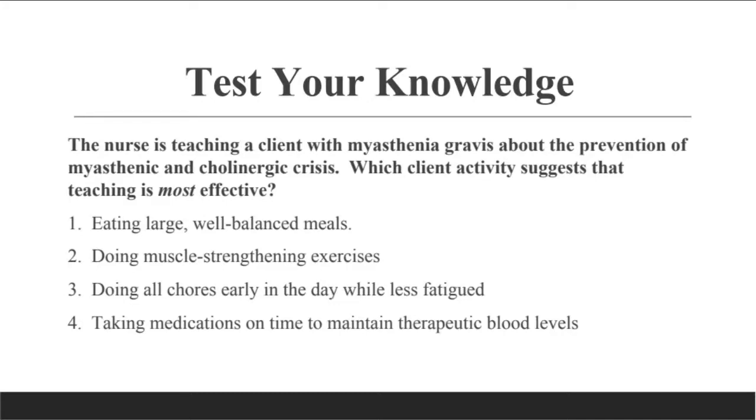Definitely, it's number 4. We want to make sure that they take their medications when they're supposed to take them to maintain therapeutic drug levels. We don't want too much in their system at any given time, and we don't want too little.